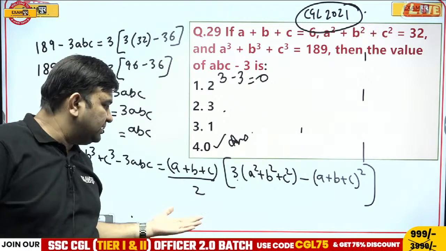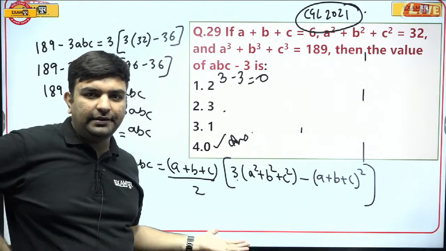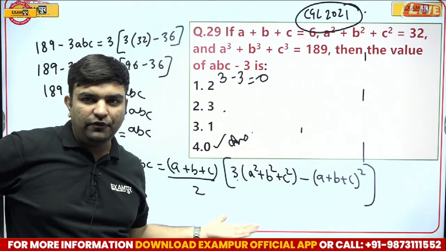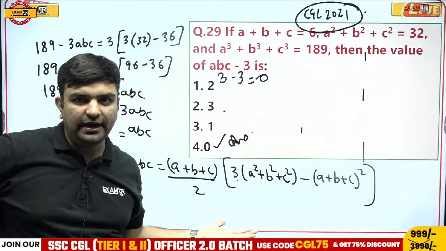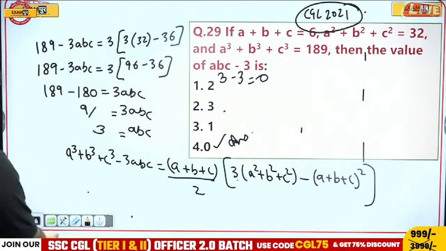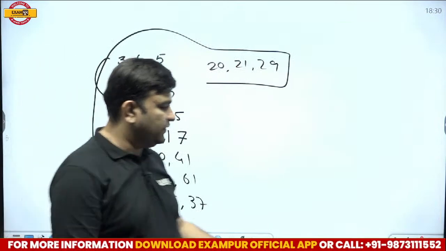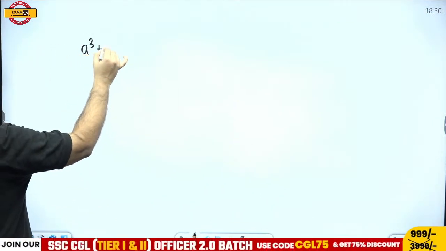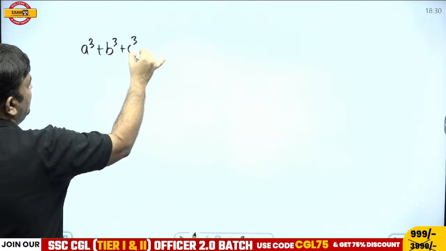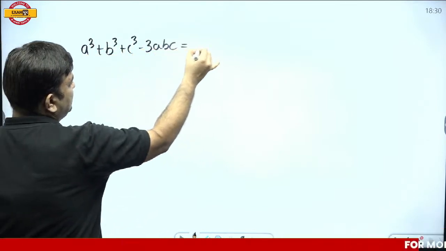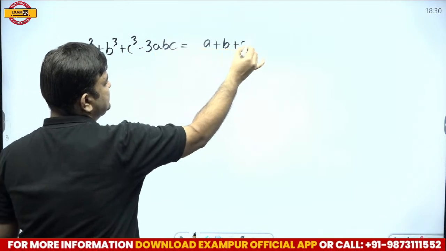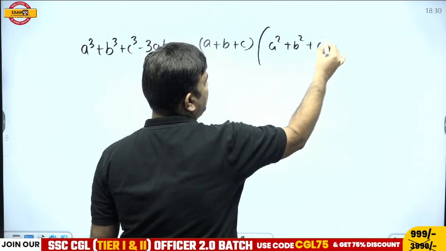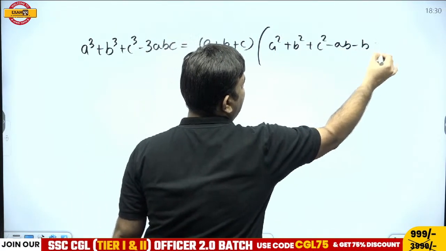Guys, if you remember this fourth way of writing the identity, then you can do it in a single step. Very quickly, all the 4 ways of writing this identity are: the original one is a plus b plus c times a square plus b square plus c square minus ab minus bc minus ca.